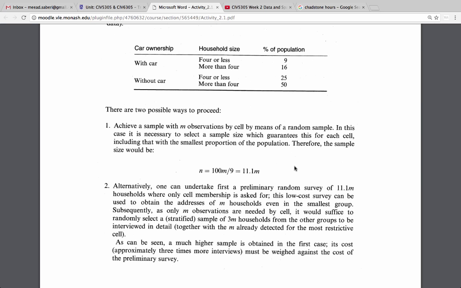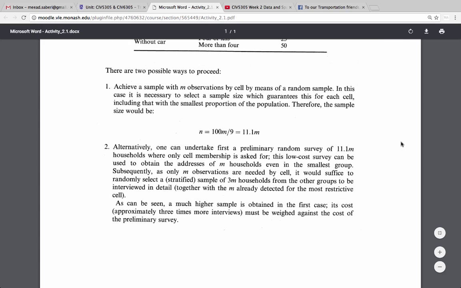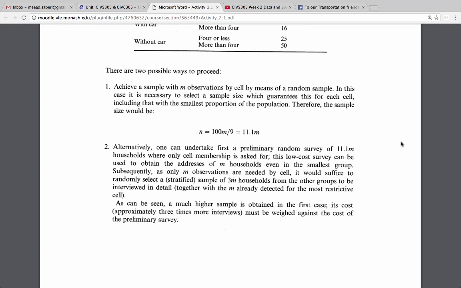You can only ask them about their cell or group membership, whether they have a car or how many household members they have in their household. So this is a relatively low-cost survey. From this low-cost survey, we can obtain the addresses of M households even in the smallest group.